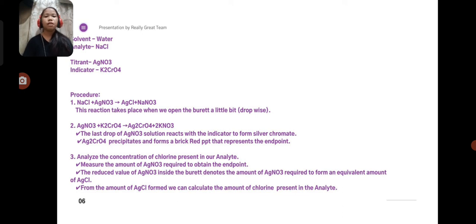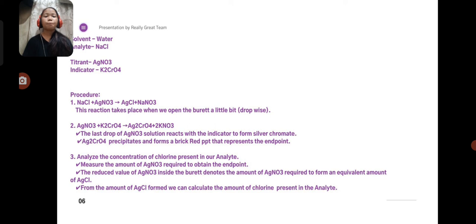The third procedure is to analyze the concentration of chlorine present in our analyte. First, we need to measure the amount of AgNO3 to obtain the endpoint, and we should be careful in measuring it. Second, the reduced value of AgNO3 inside the burette denotes the amount of AgNO3 required to form an equivalent amount of AgCl.